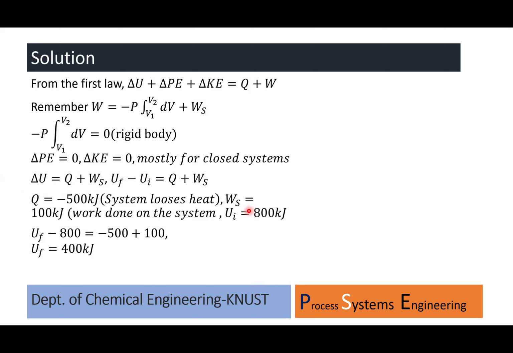For the shaft work, the work was being done on the system by the piston, so that's 100 kilojoules. And then the initial internal energy we had was 800 kilojoules. So if we put all of that into the expression, U_F minus U_I is equal to Q plus W_S, and we make U_F the subject, we'll get our U_F to be 400 kilojoules. Are we okay with this?